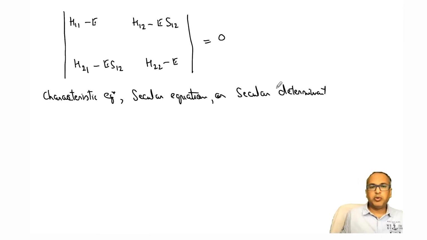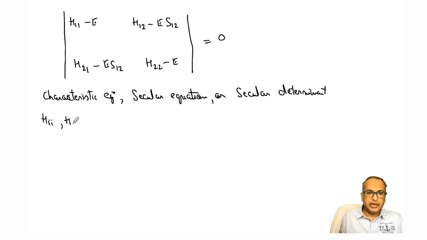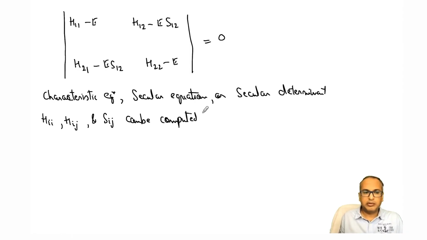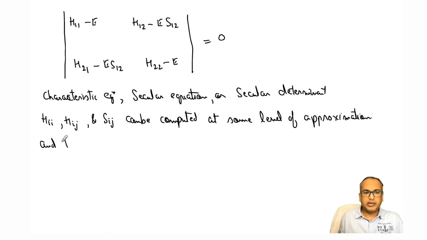If you need to know more details of it, you can go back and look at the quantum chemistry course, where you will get it in more detail. Now we can say that the values of Hii, Hij, and Sij can be computed at some level of approximation, and thus one can solve.